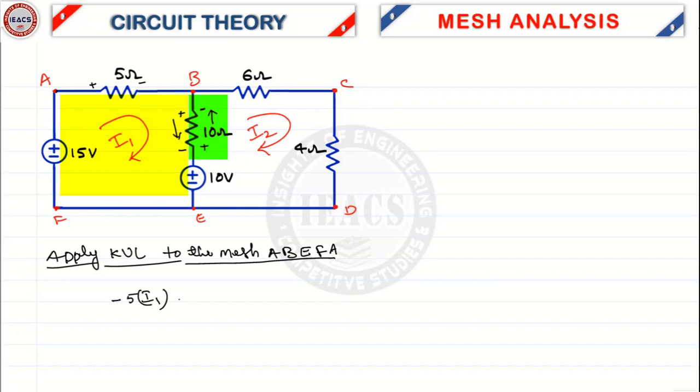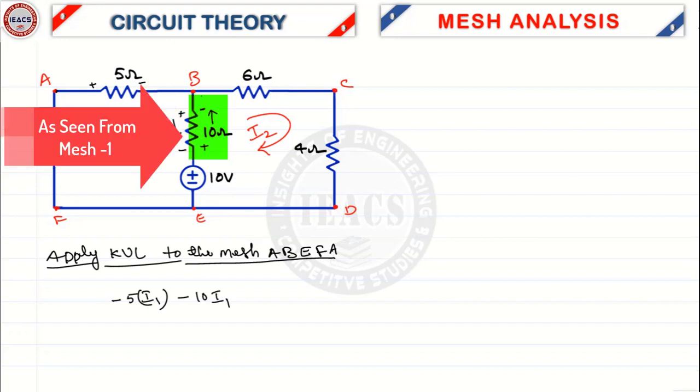So the voltage across this resistor is given by minus 10 into I1. Why have I given minus? According to mesh current I1, I am traveling from higher potential to lower potential, so there will be a decrease in potential, hence I have given a negative sign. But in the same resistor, due to the current I2, I am traveling from negative potential to positive potential, so there will be an increase in potential, which is given by plus 10 into I2.